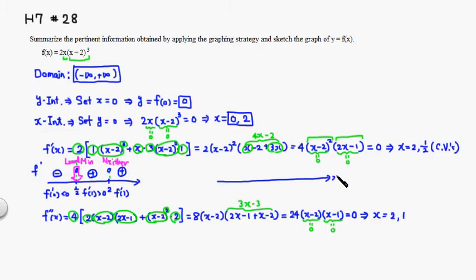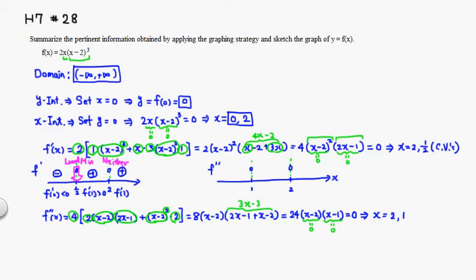This time we are looking at the sign of the second derivative, so f double prime. Right, so put the tick marks for 1 and put tick marks for 2. Right, so here we know that the second derivative is 0. So you have 0 here, you have a 0 there.